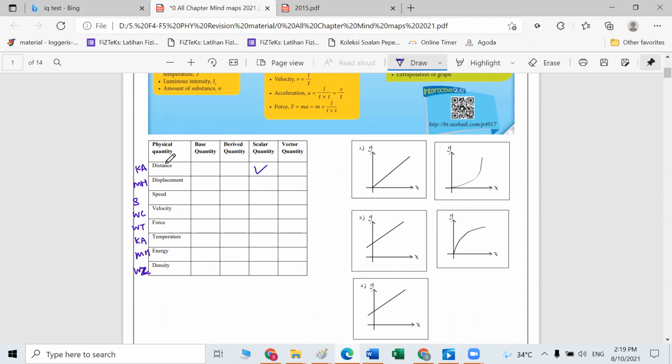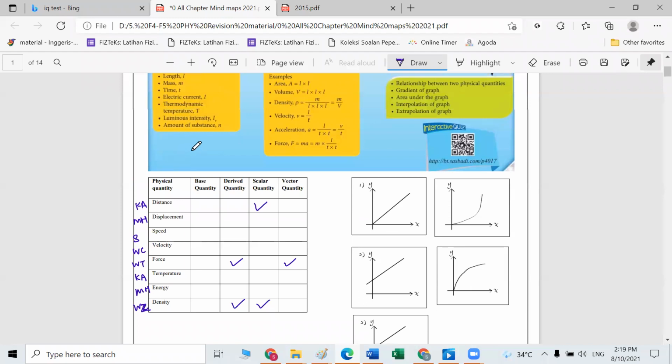But actually, a distance could be a base or derived, then scalar or vector. Okay, Wei Dong says derived and vector. Wen Zhen, derived and scalar, correct? I think you might forget because so long you cannot answer.